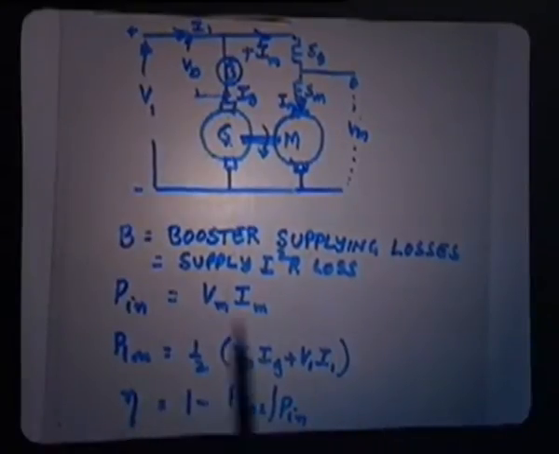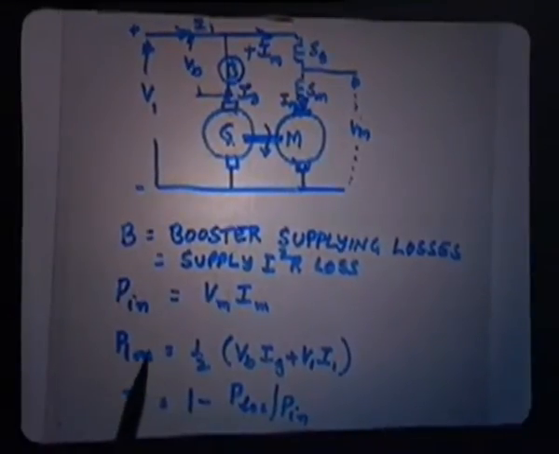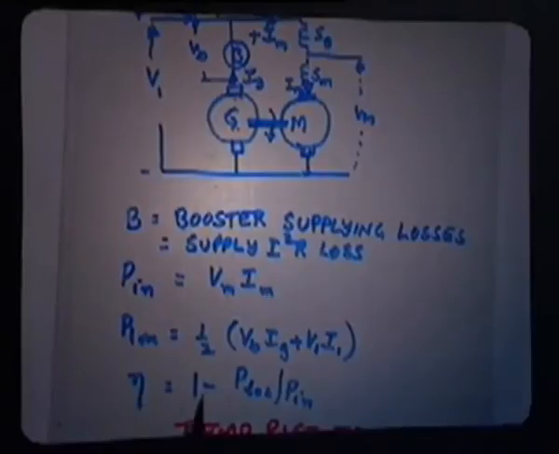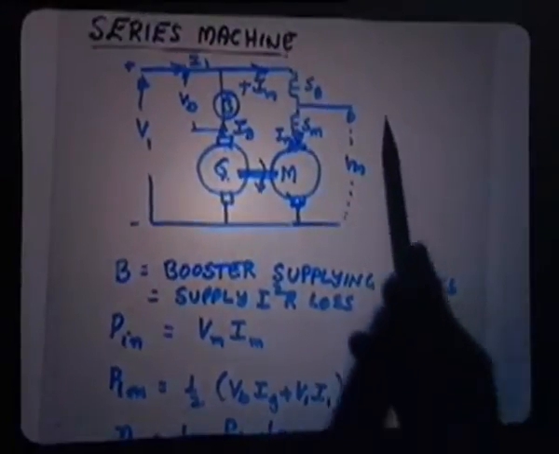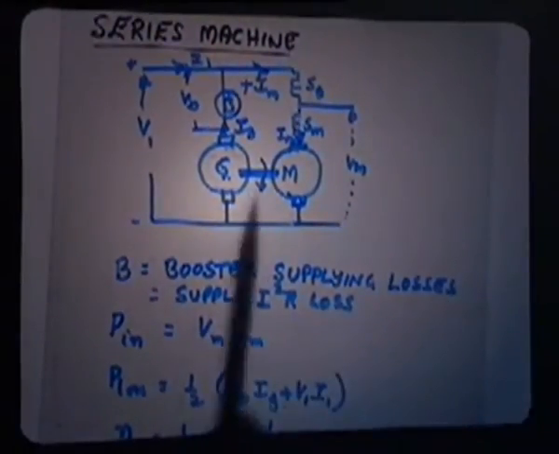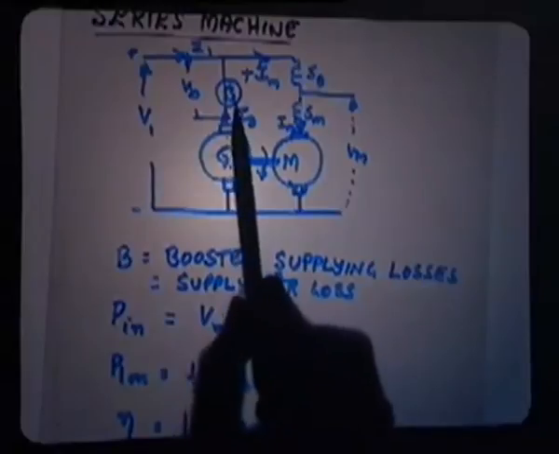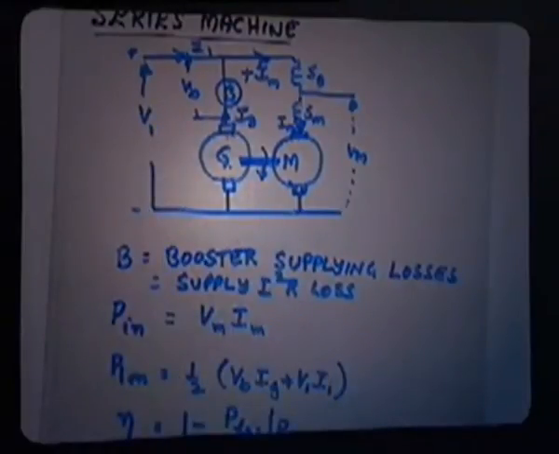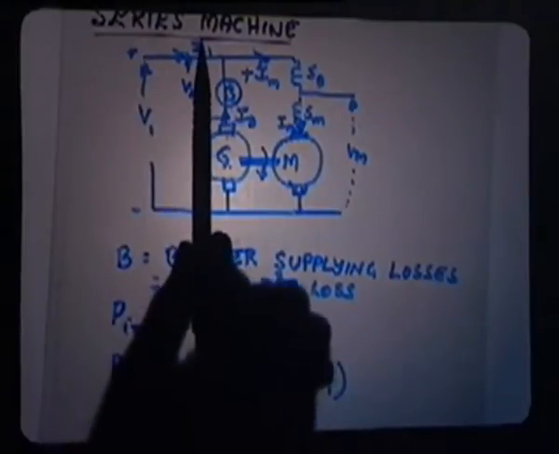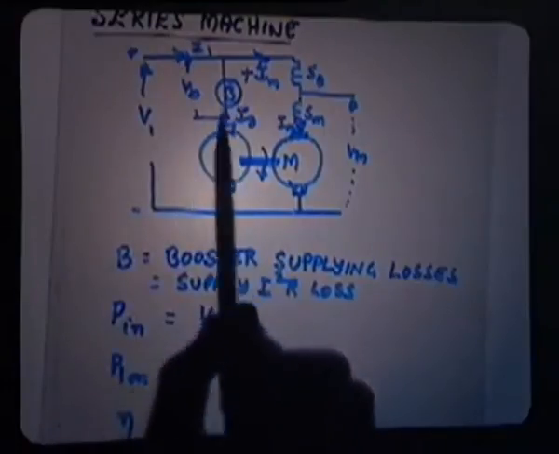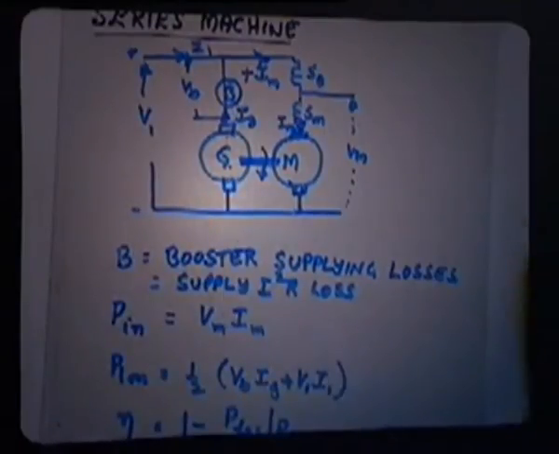So we know the loss in the machine, and efficiency will be 1 minus loss by input. So that is easy to find out. By conducting this series back to back test on two machines, adding a booster and a voltage source, and measuring the voltage and current, the power input here and at the booster, it is possible to get the efficiency.